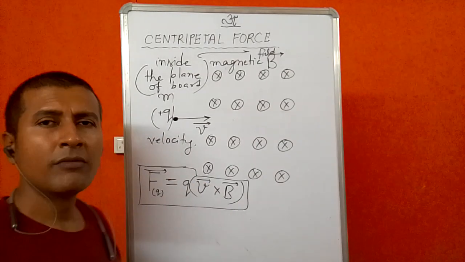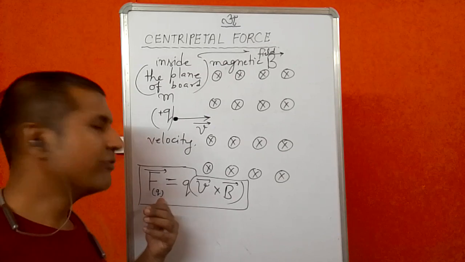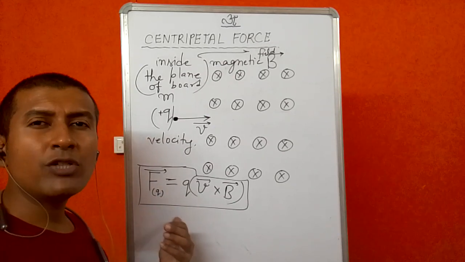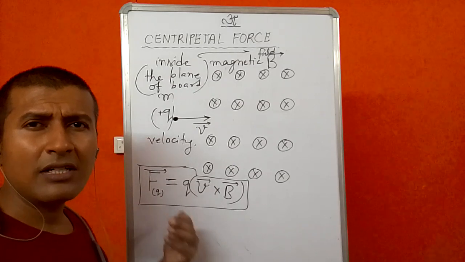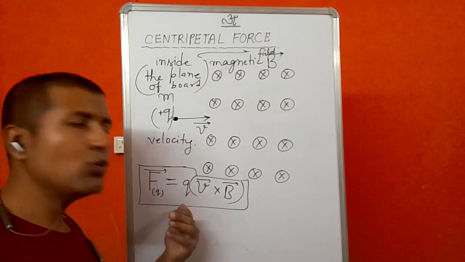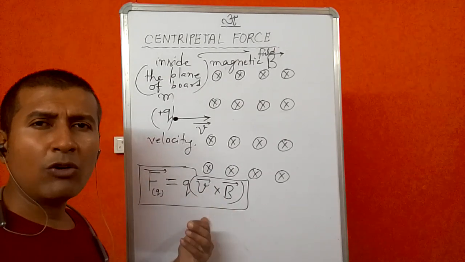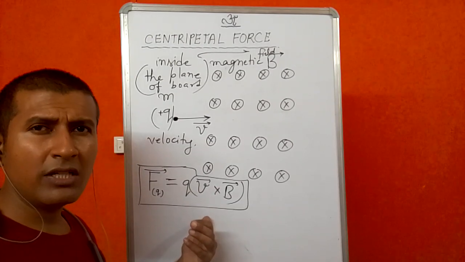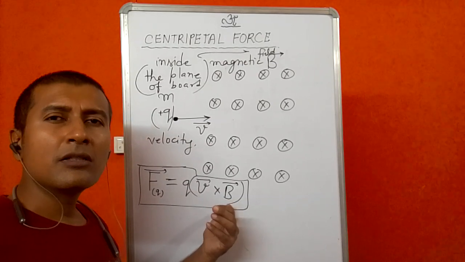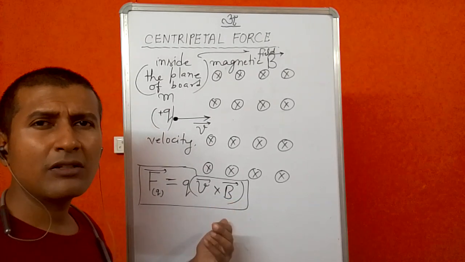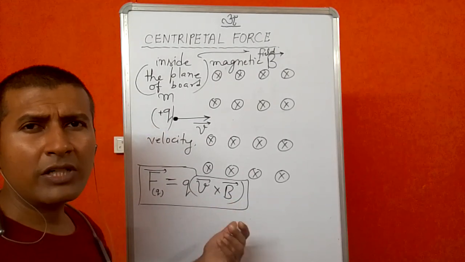Right? Magnetic force F, which is applied on a charge in a magnetic field, is given as q times its velocity, which is a vector quantity, and the cross product of velocity with the magnetic field, which is of course a vector quantity.